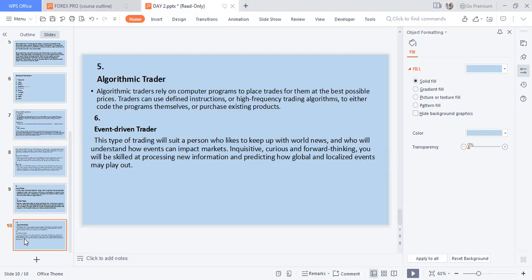Algorithmic traders are traders that design scripts, they design robots, which we use to solve problems in the forex market. I always see people selling robots. See, the truth is this: I'm not saying robots don't work. As a matter of fact, I'm designing one, and I'm just going through my backtesting. The robots function.